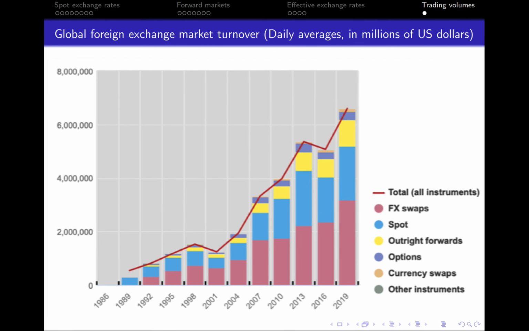Okay, and finally, I wanted to draw your attention to the importance of global foreign exchange market, especially when we compare it with global trade.